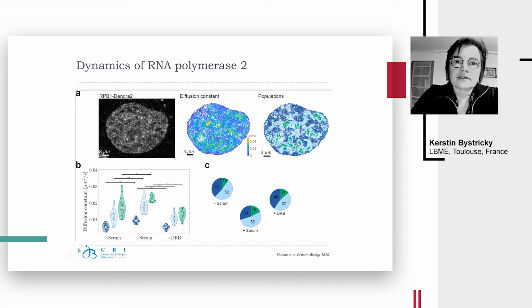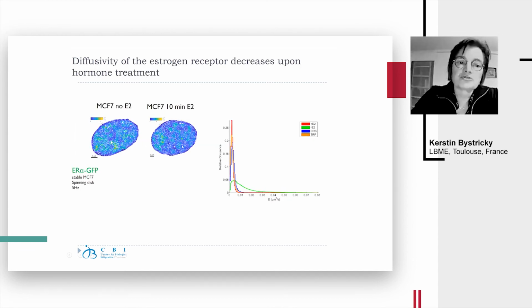We also looked at the estrogen receptor itself. Again, you have dense labeling of this estrogen receptor, which in these cells is GFP-tagged. And we define diffusion coefficients. Here on the right-hand side, you have a quantification. In the absence of estradiol, the green line, you see a large variability of these diffusion constants.